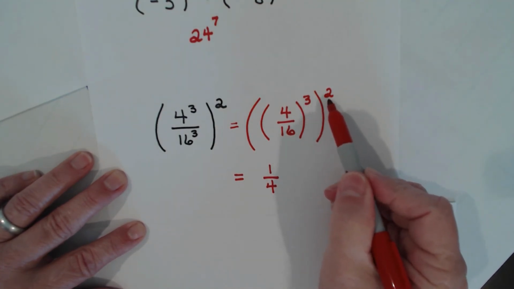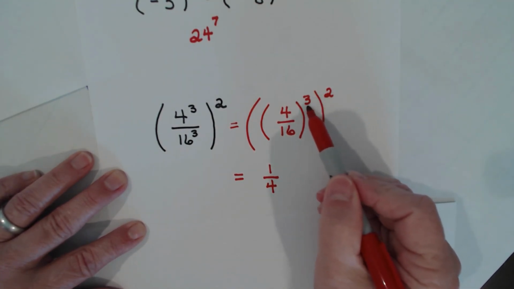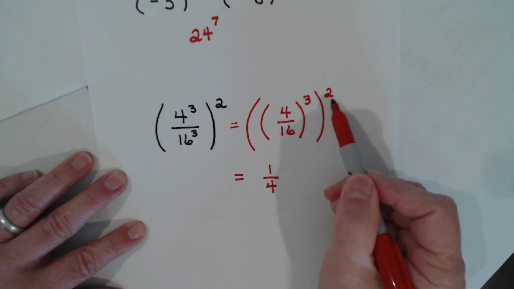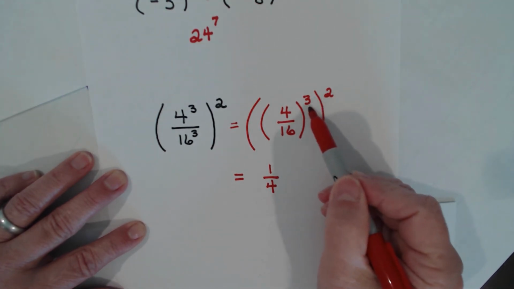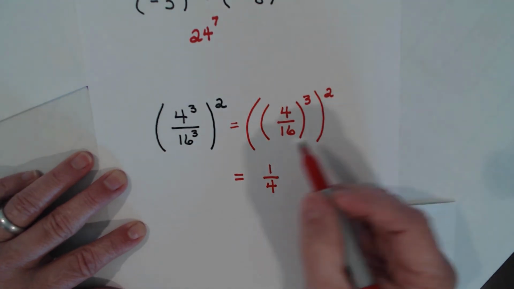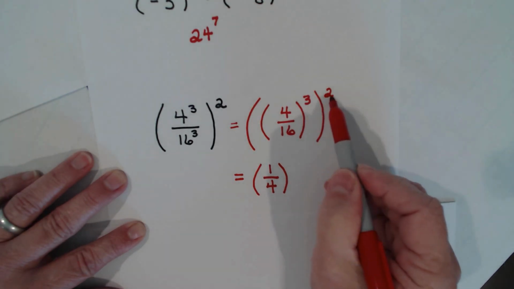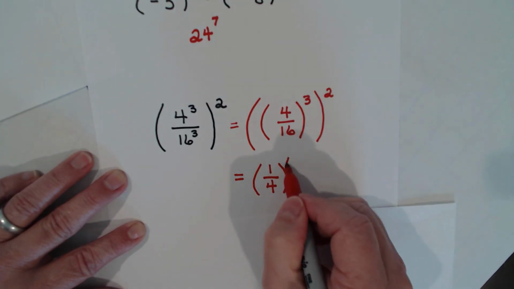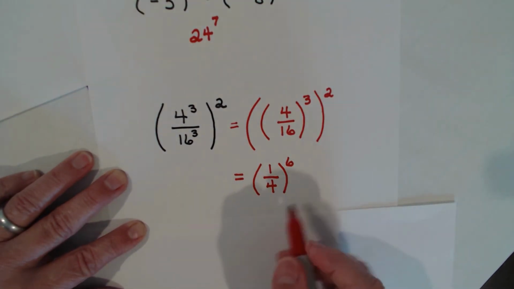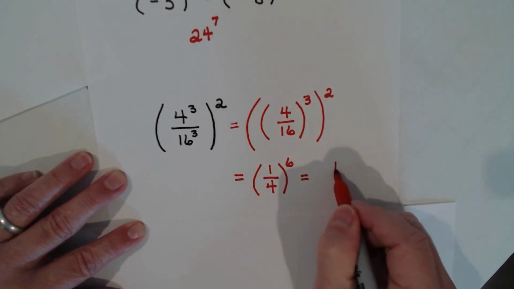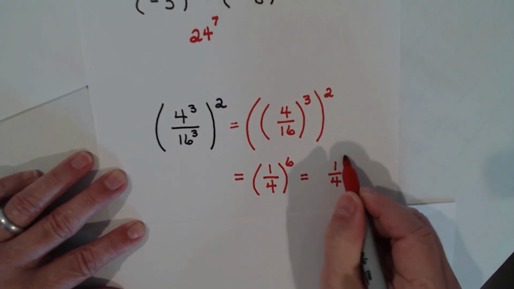And this is a situation like we were seeing on page 3, where it's a power of a power. And what can you do with these exponents when it's a power of a power? You can multiply them together and make one set of parentheses with one exponent on the outside. So I can leave my answer like this with parentheses, or I can do this.